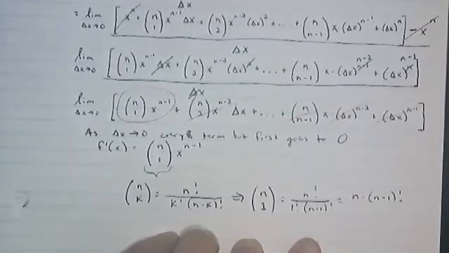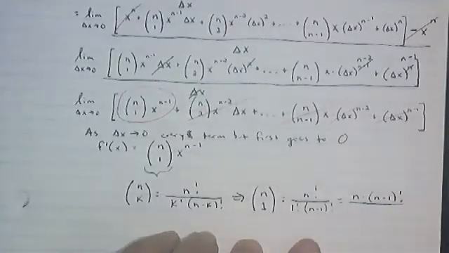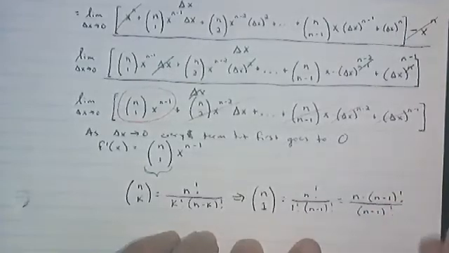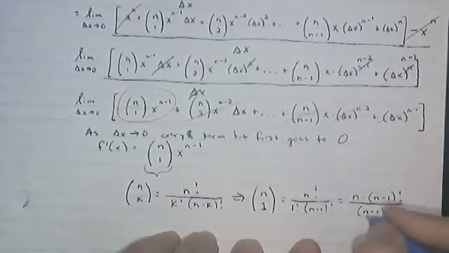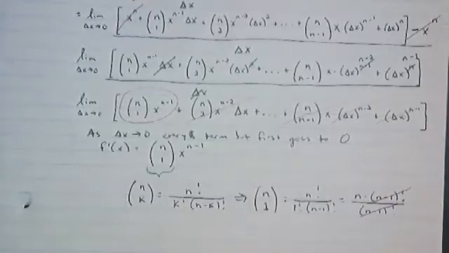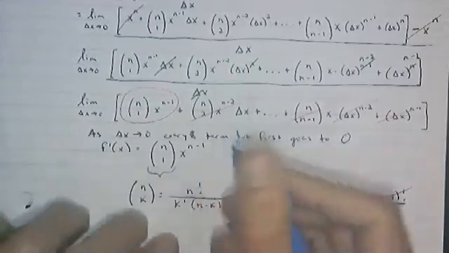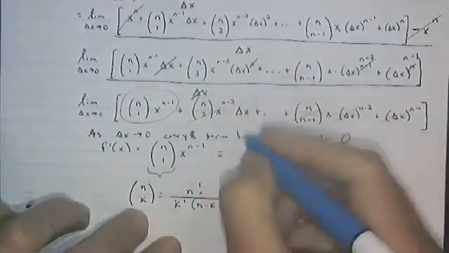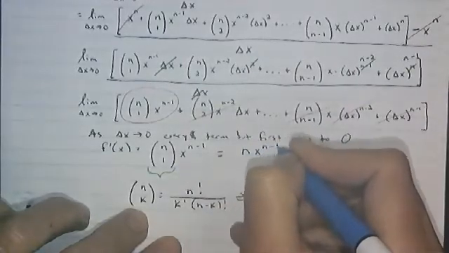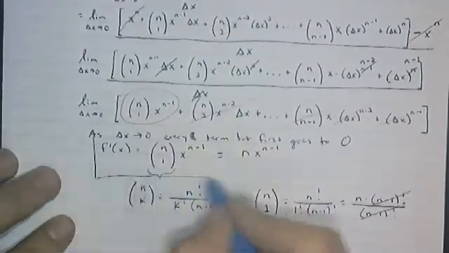What's 1 factorial? 1. We're just dividing by n minus 1 factorial. And so n choose 1 is exactly n. So this almost-what-we-want thing is exactly what we want. The derivative here is n times x to the n minus 1, which is what we set out to verify.